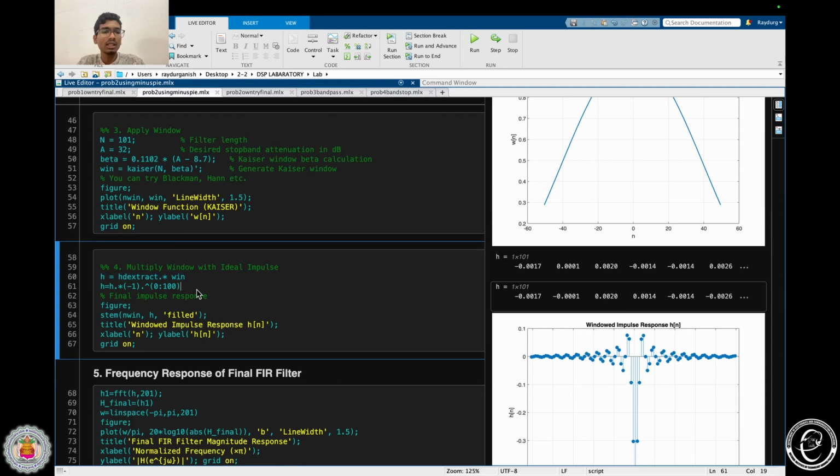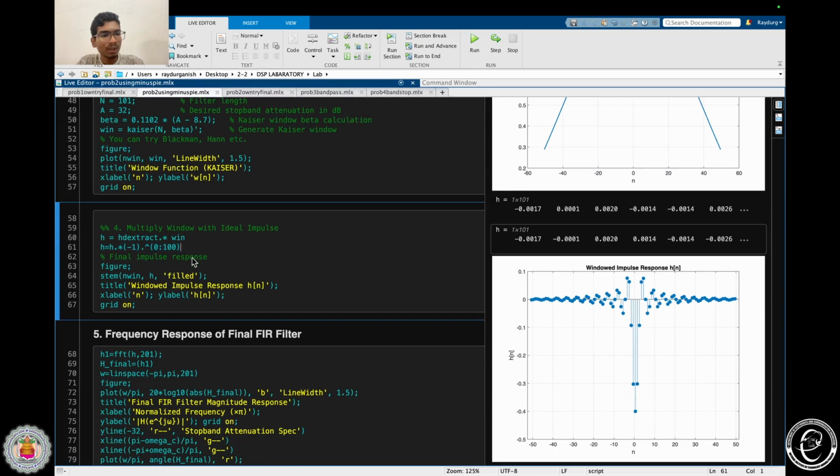To flip things in the frequency domain, in the time domain I need to multiply with alternating minus 1. So this line corresponds to that flipping of pi radians in the digital domain. And after flipping, the rest is the same.